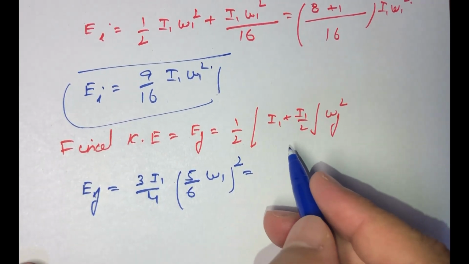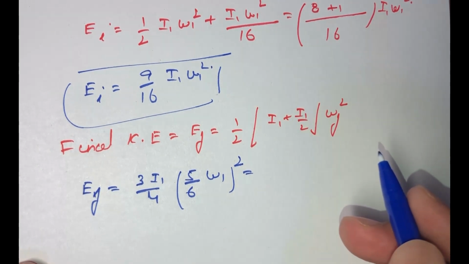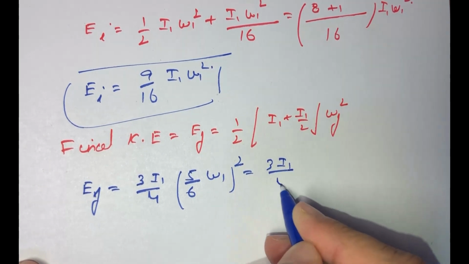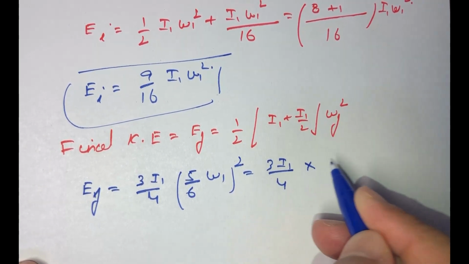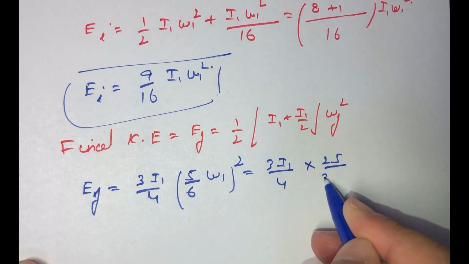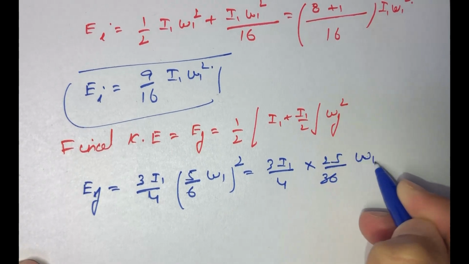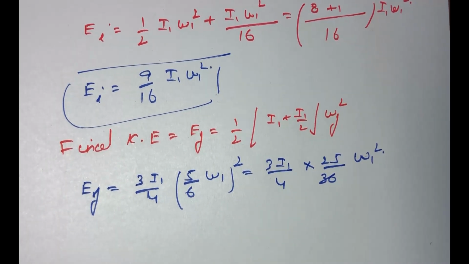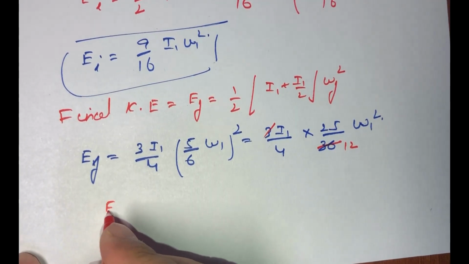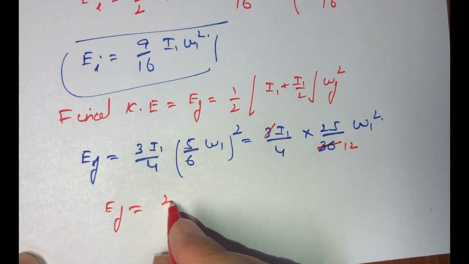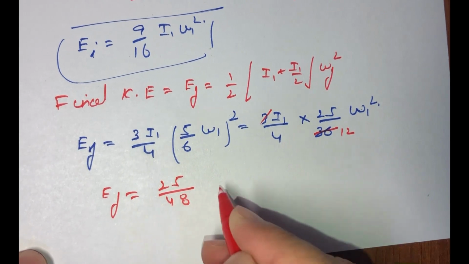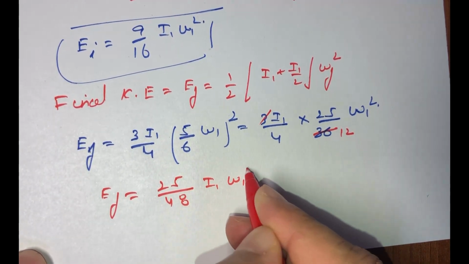So this equals 3I1/4 multiplied by 25 divided by 36 times omega 1 square. This cancels by 12. So we get EF is equal to 25 divided by 48 times I1 omega 1 square.